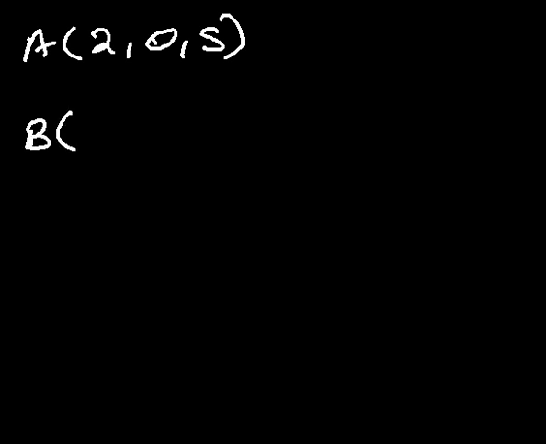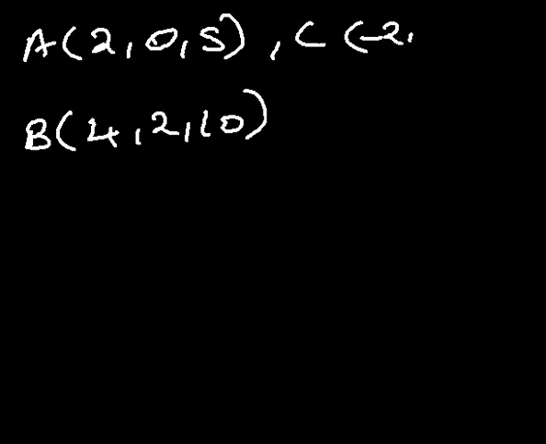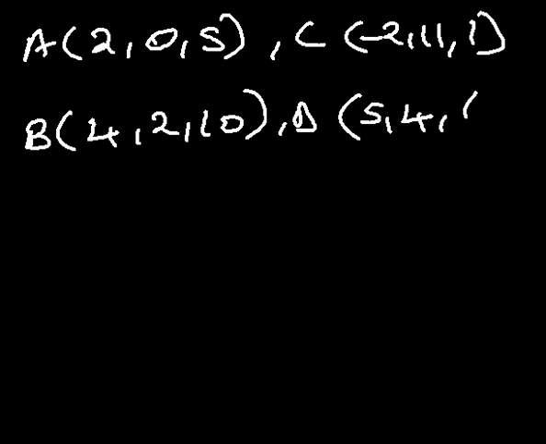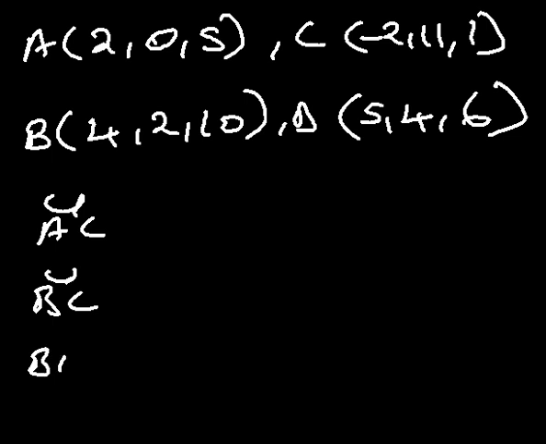We have a point B, 4, 2, 10, a point C, -2, 1, 11, and a point D, 5, 4, 6. So what is the column vector AC? What is the vector BC? What is the vector BD? And also what is the vector AD?